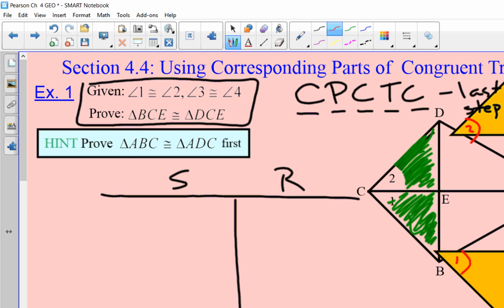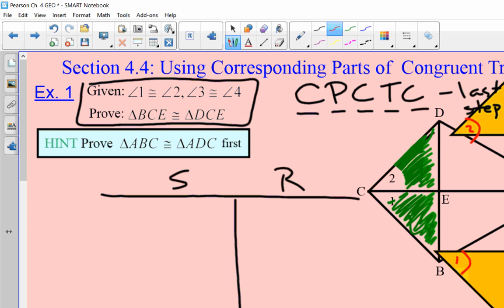Angle 3 is equal to angle 4. Ah, dang it, hold on. I screwed myself up, forwards and backwards. Okay, there we go.